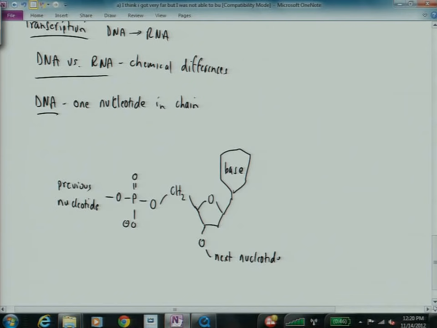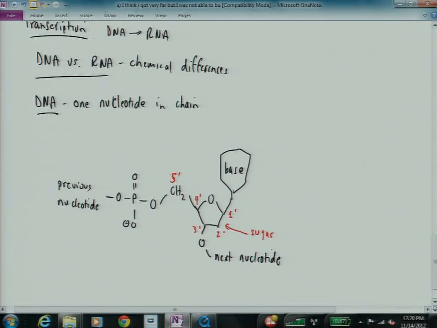There's a couple things that I can explain here. There's a numbering system. Where do the primes come from? This thing here is the sugar, and the atoms on the sugar are numbered: 1 prime, 2 prime, 3 prime, 4 prime, 5 prime. Okay. Why are they numbered like that? Because if you want to talk about their chemistry, it's actually a little bit of chemical nomenclature. If you take organic chemistry, this kind of thing will matter.